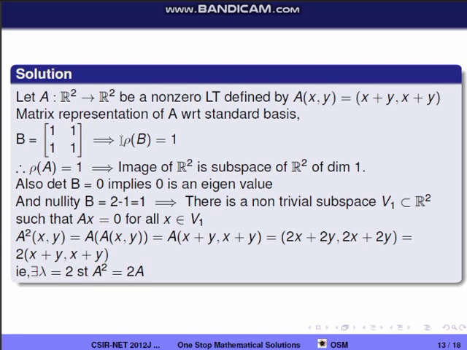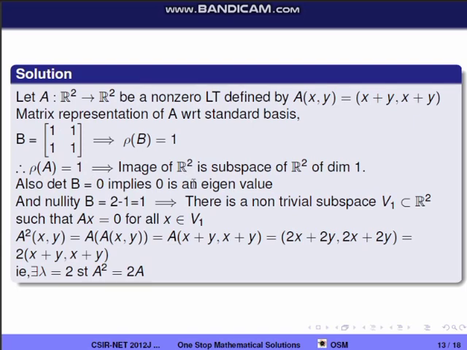Its rank is 1 because there is only one non-zero independent row. Therefore, the dimension of the image of A is equal to the rank of the matrix representation, so the dimension of the image is 1. So the image of R square is a subspace of R square of dimension 1. Also when we find the determinant, it is equal to 0.